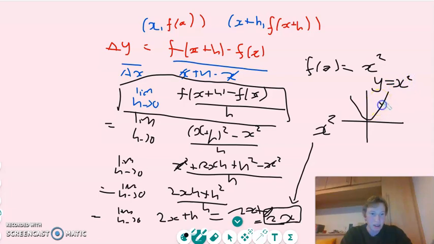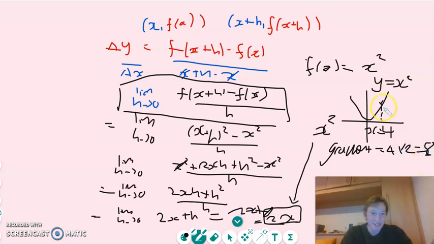So let's call the x coordinate of this point 4. We just sub in that x is 4 into this gradient function. So the gradient, or the answer that we're looking for, is 4 times 2, which is 8.